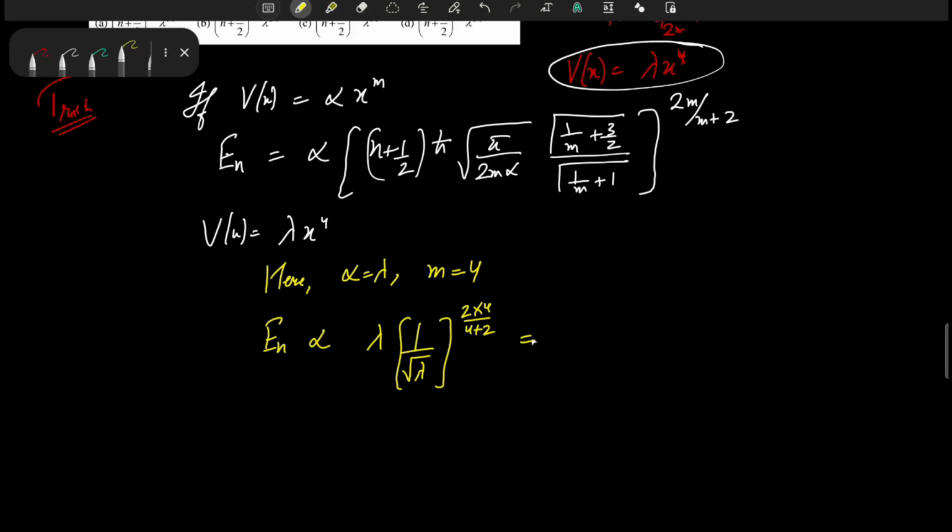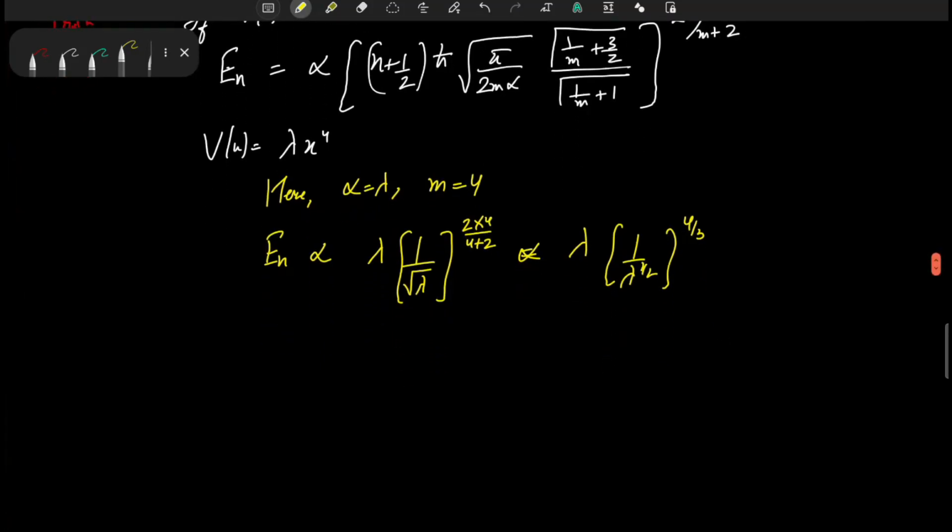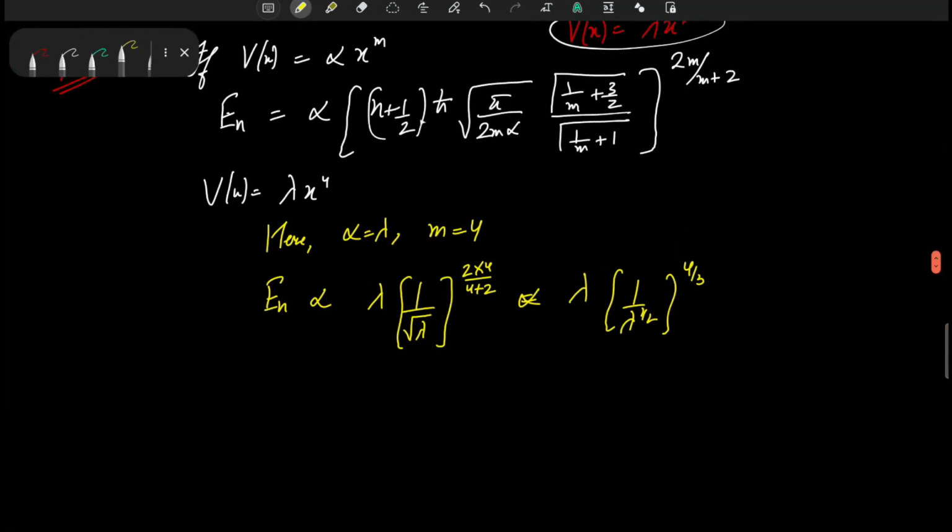So this will be proportional to lambda times 1 by lambda raised to power half, and the power is 8 by 6, that is 4 by 3. You can also write the power of n plus half here, n plus half raised to power 2m by m plus 2, the same, again 2 into 4 by 4 plus 2.